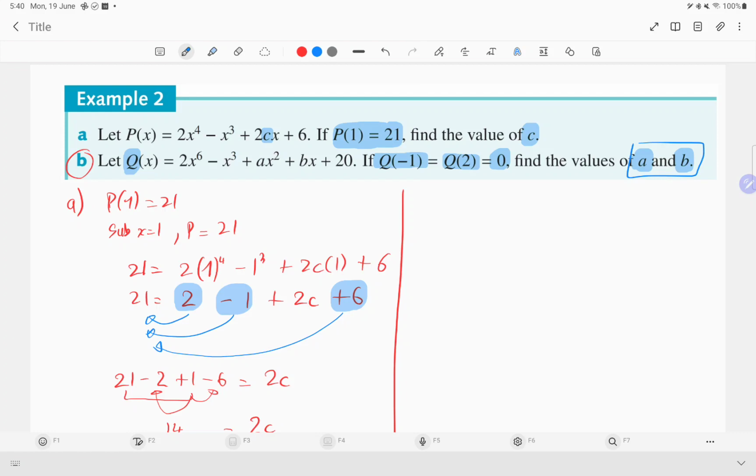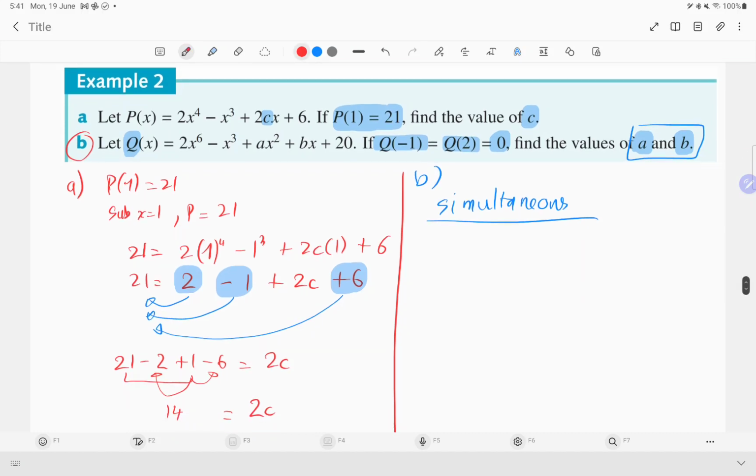You have to solve them together. What's the term for it? Simplify it? Solution? No. You have to solve the simultaneous equations? Yes, simultaneously. Alright, simultaneous equations. Okay, so you do need to solve them simultaneously for question B.